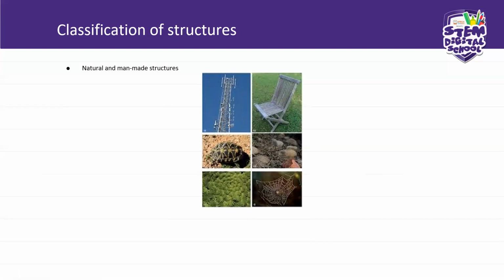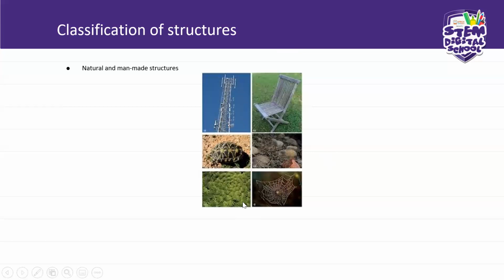But also we classify structures according to their types. What type of a structure is this? This is a frame structure. It's a shell structure. It's a solid structure. It's a frame structure. And what kind of a structure is this one? It's a frame structure.